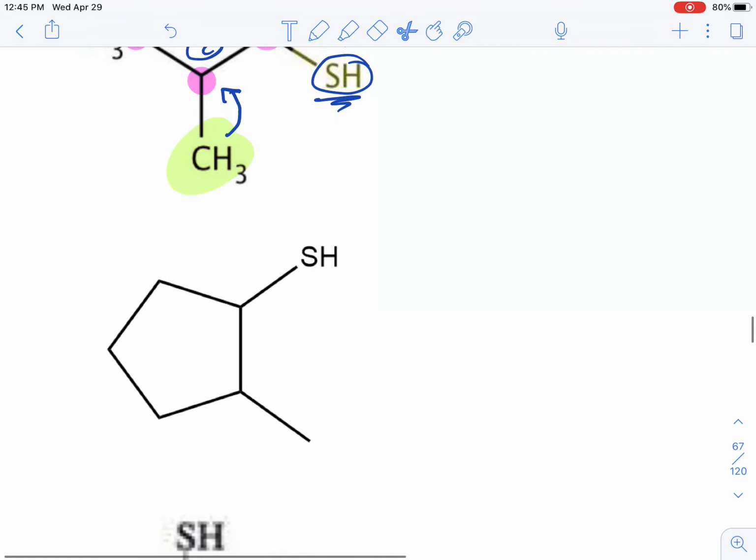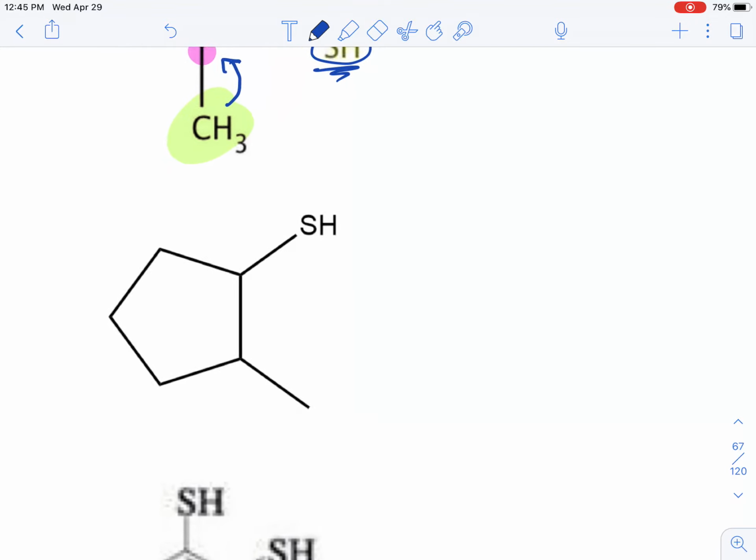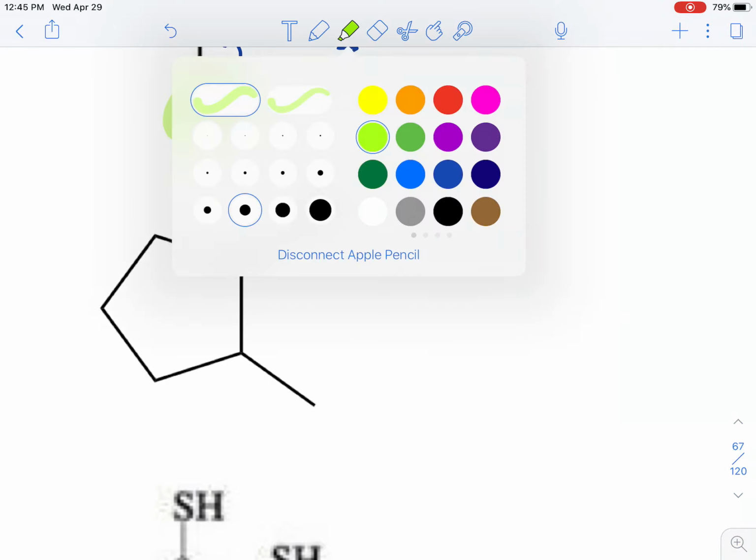All right, so this is something that's new to us. Here we have a ring. How do you name a ring that contains a sulfhydryl group? Very similar to what we've learned in prior lecture videos, we want to describe the parent chain. Since it's a ring, we have to add the word cyclo.